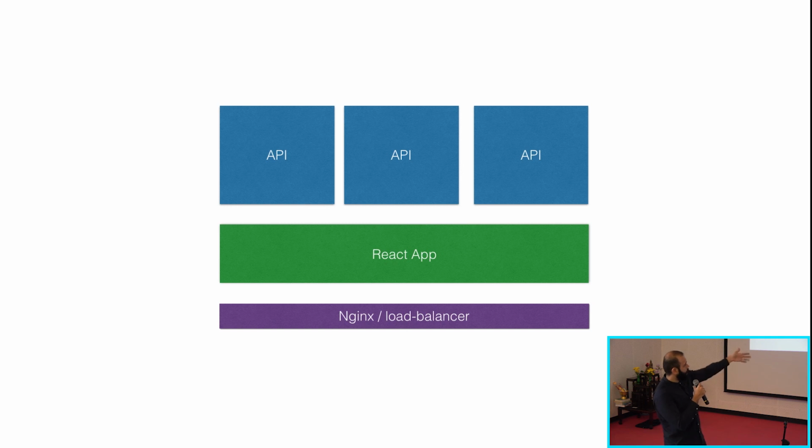Generally we would have an Nginx load balancer in front, and then you would have your React app, which is statically built and compiled. Your Nginx is just serving static assets like CSS, JavaScript and HTML, and that's it. It doesn't know anything about states or anything like that. It just serves the basic stuff. Then the React app would connect to the different APIs, it doesn't matter which.